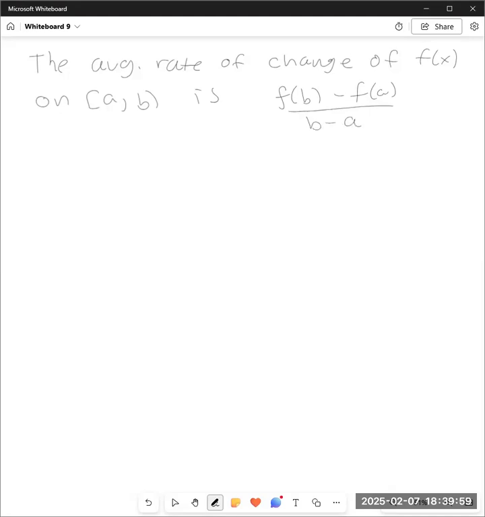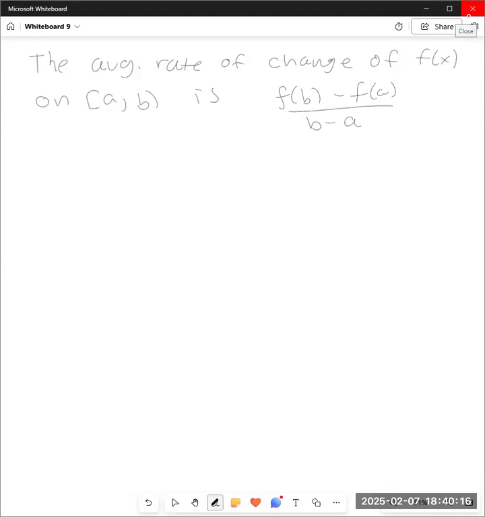It's our good old slope formula, y2 minus y1 over x2 minus x1. We're just going to have to calculate f of b and f of a to be able to subtract them, because we're not given our y values, we're given the function and the x values to be able to calculate those y values.